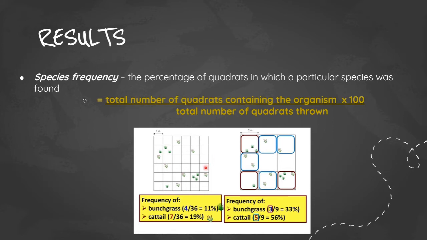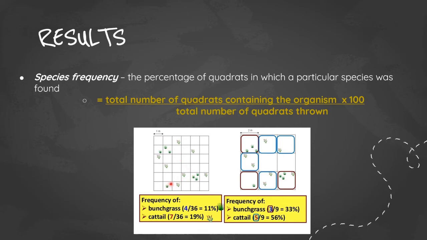So let's look at the frequency of bunch grass in this quadrat over here. The bunch grass, as you can see depicted by the key, looks like this. So how many quadrats contain bunch grass? 1, 2, 3, 4.